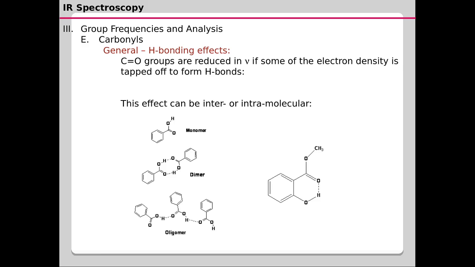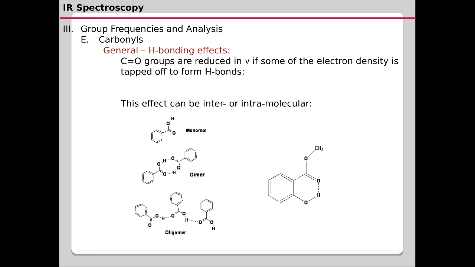That pulls the carbonyl oxygen sigma bond electron density towards the oxygen, which reduces the sigma bond order between carbon and oxygen. So that reduces the oscillation frequency of the carbonyl functional group.